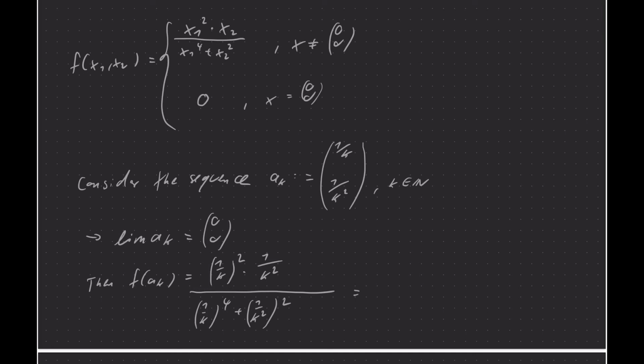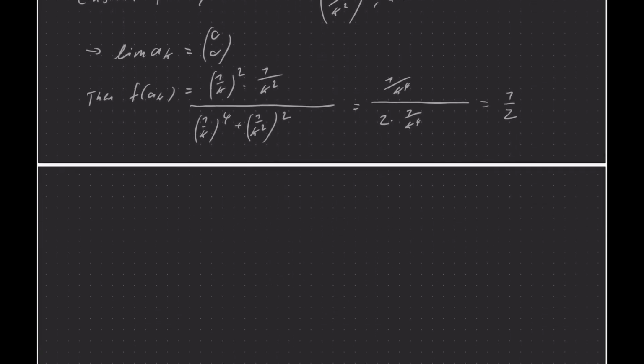So what do we get? In the numerator, we have 1 over k to the fourth. And in the denominator, we have 1 over k to the fourth plus 1 over k to the fourth, so 2 times 1 over k to the fourth. So the k terms cancel out, and we are left with 1 over 2.